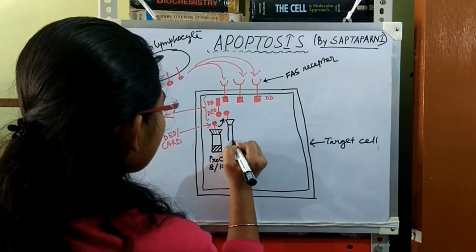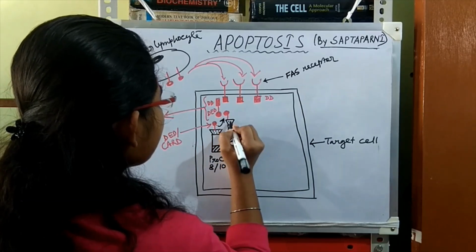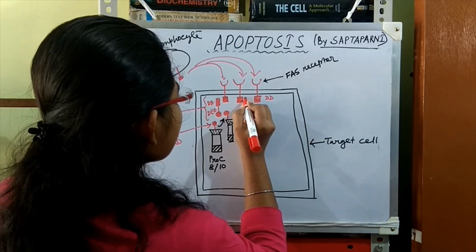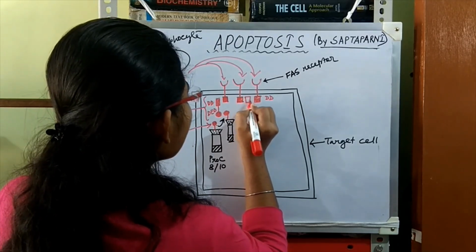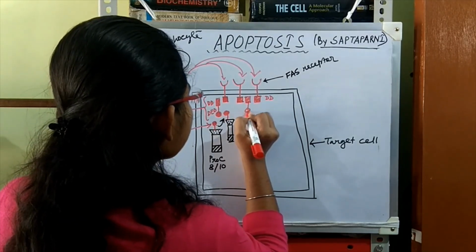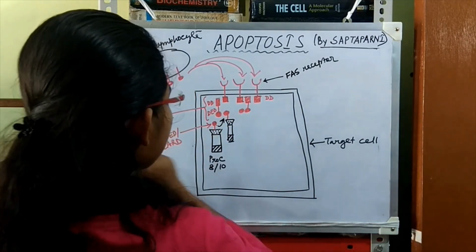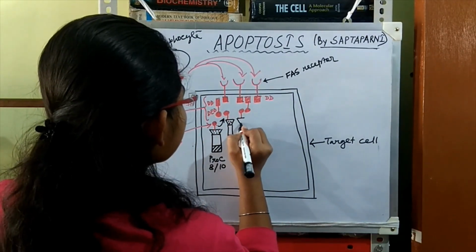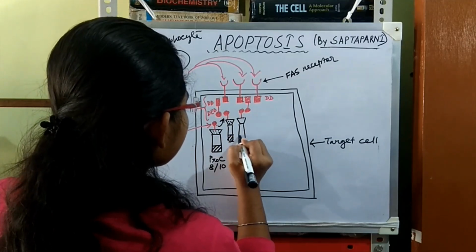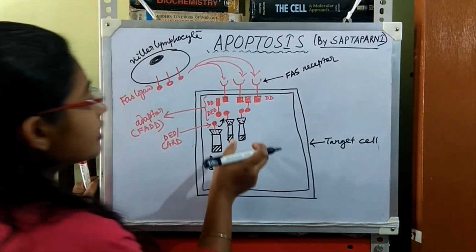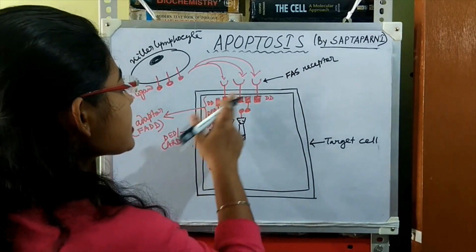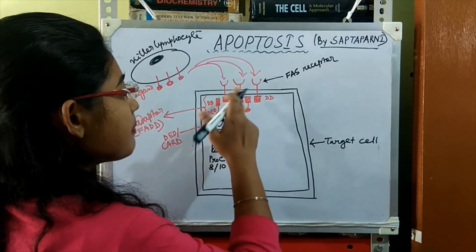Similarly, another adapter protein binds, and with that another procaspase binds here, and they come into close proximity and form a signaling complex.